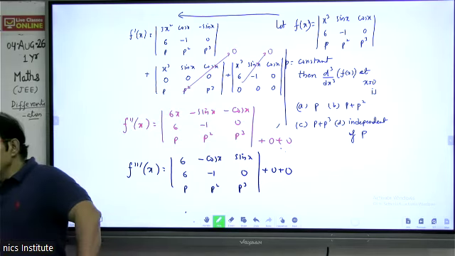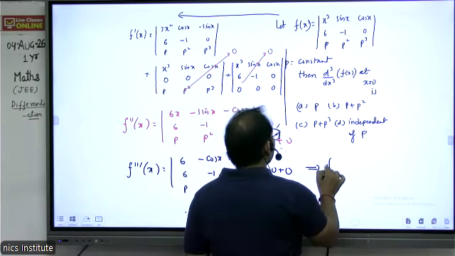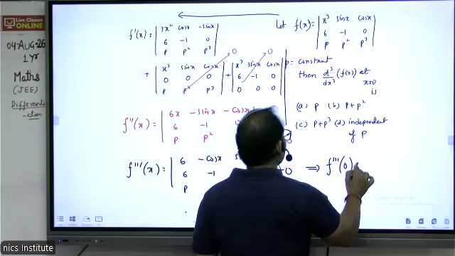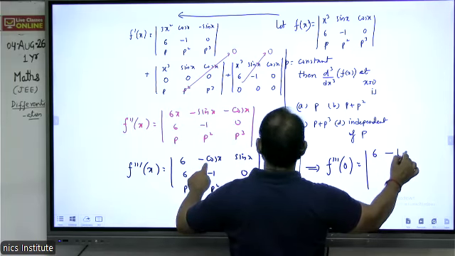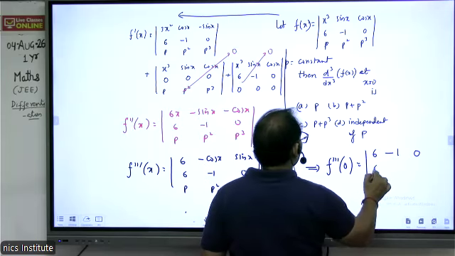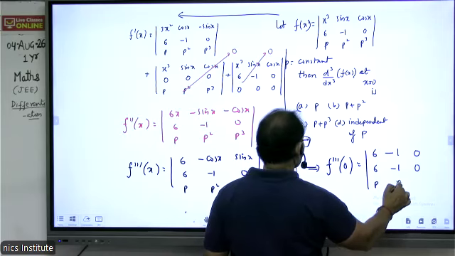Now we are supposed to find f triple dash 0. Substitute x equal to 0. So f triple dash 0 will be 6, cos 0 is 1, sin 0 is 0. Now notice that the first row and the second row are identical.